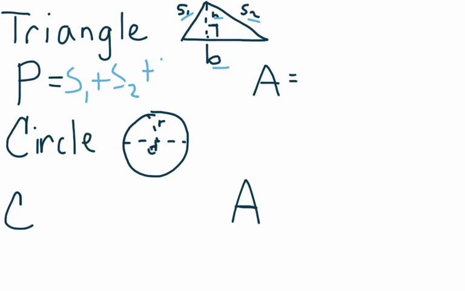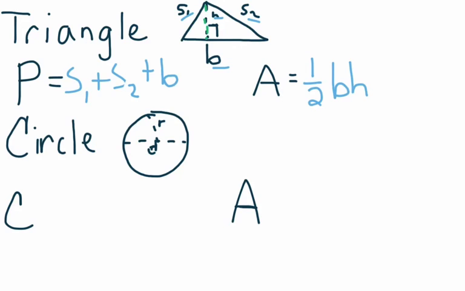As we have it indicated here, we have it indicated as side 1, side 2 plus b. Okay, now area of the triangle is going to be 1/2 times the base and the height. Okay, so the base is going to be the bottom of the triangle, and the height is going to be the dotted line that you have drawn on the inside, so you can have that measured.